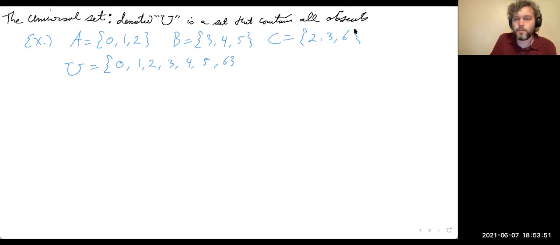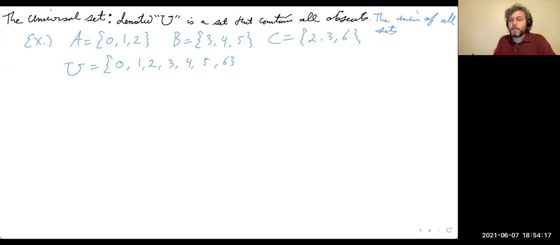So the universal set is the set that contains all of the objects. And you could also say that the universal set is the union of all sets.